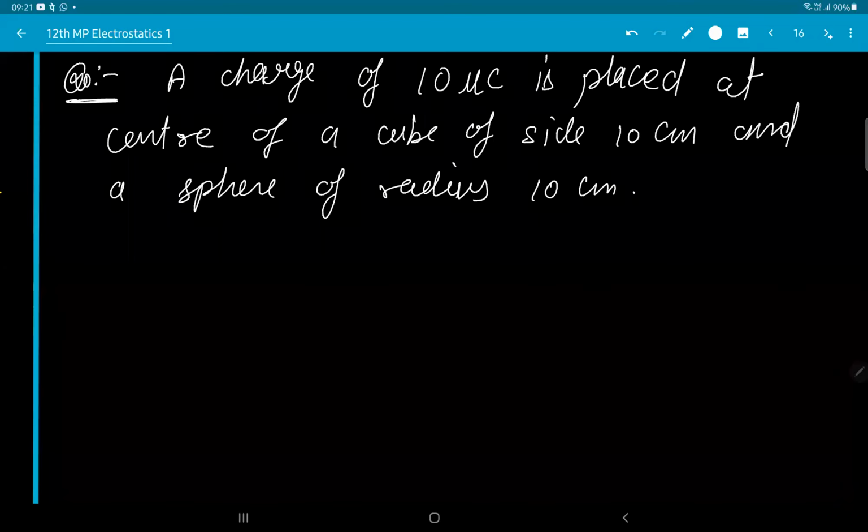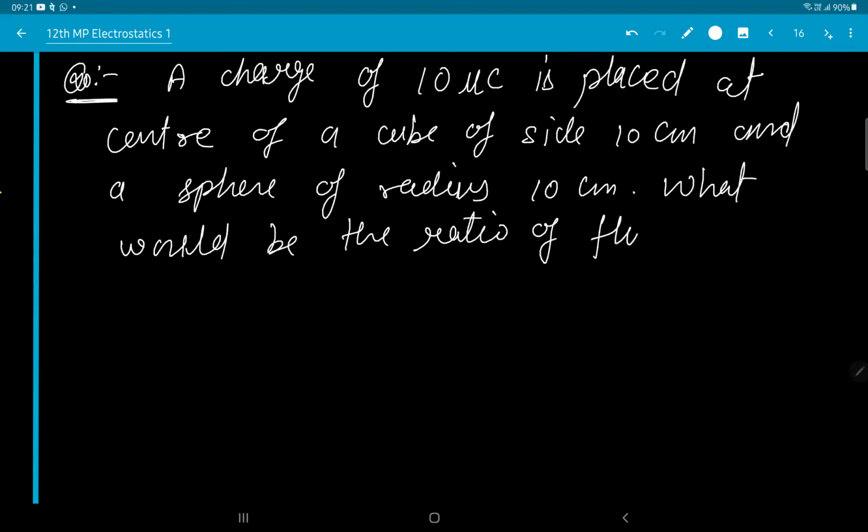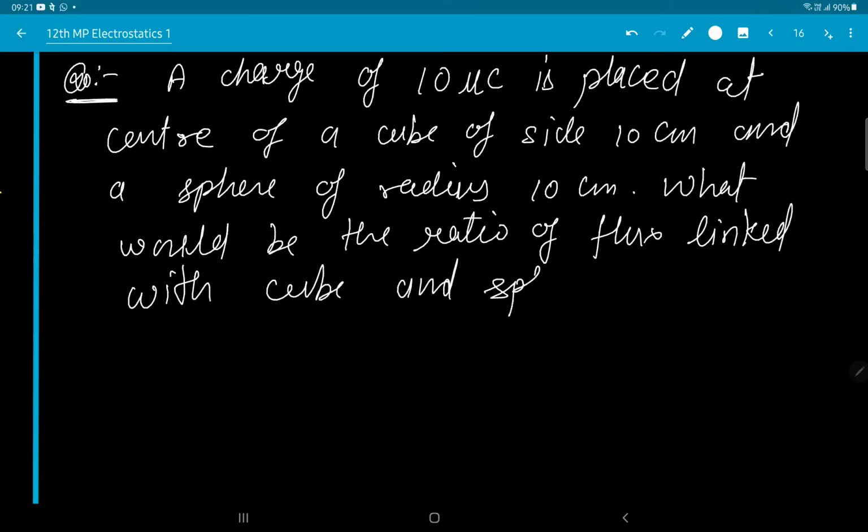What would be the ratio of flux linked with cube and sphere?